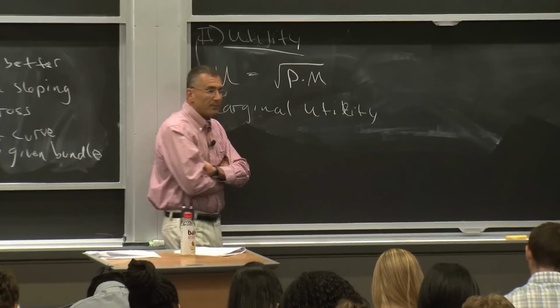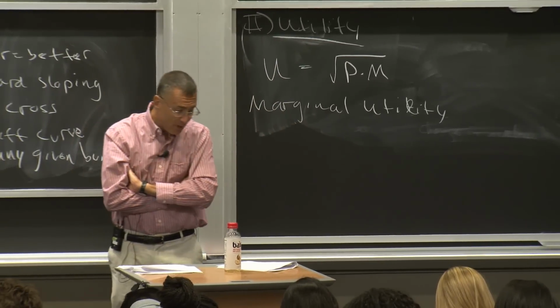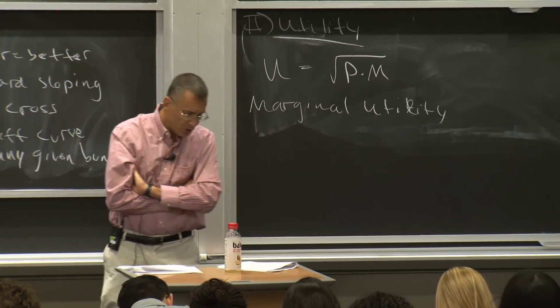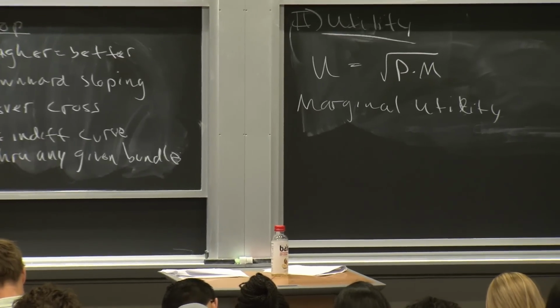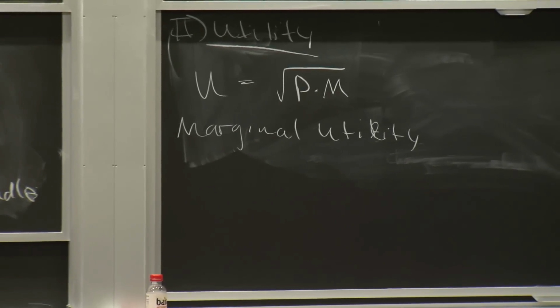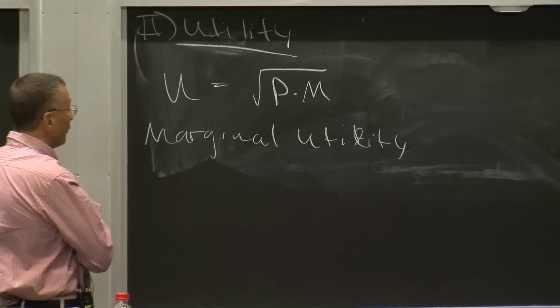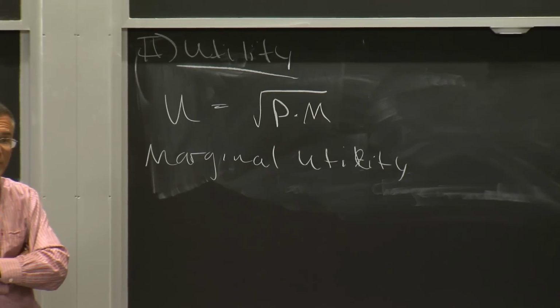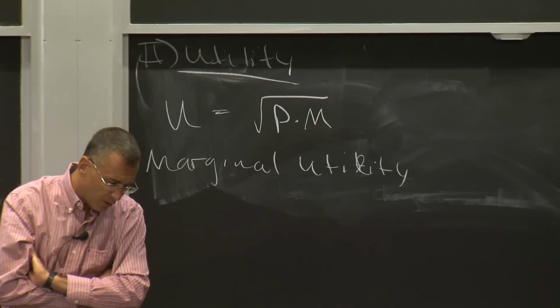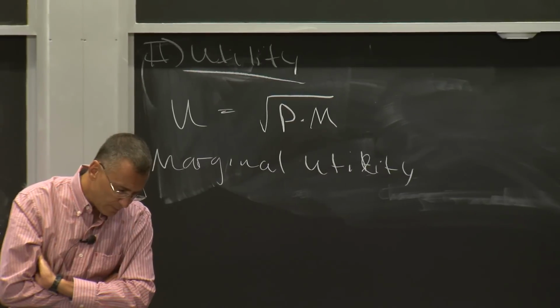Marginal utility is simply the derivative of the utility function with respect to the quantity of the good. So the marginal utility of pizza is the derivative of this utility function with respect to pizza. The marginal utility of movies is the derivative of this utility function with respect to movies.